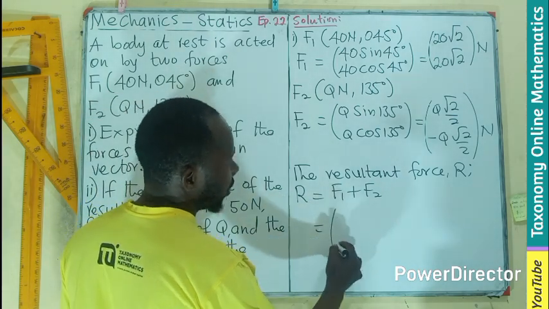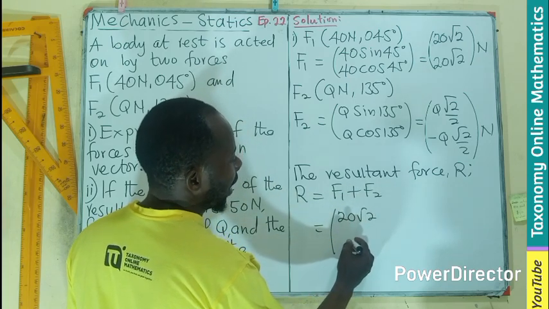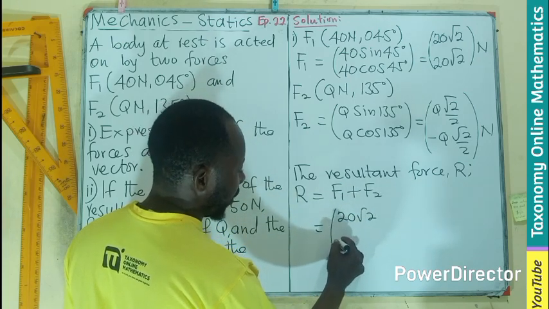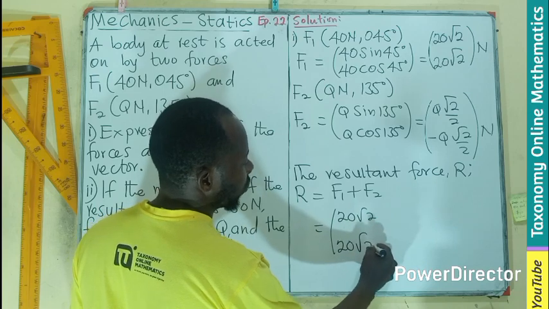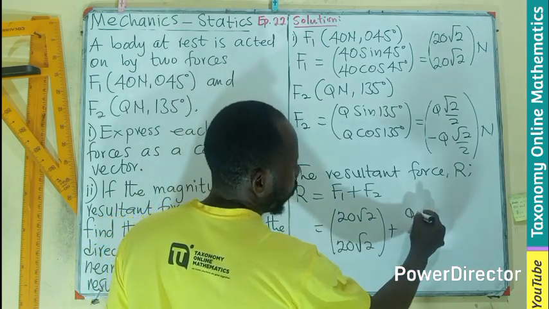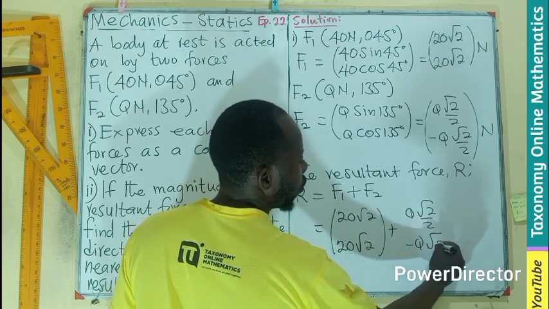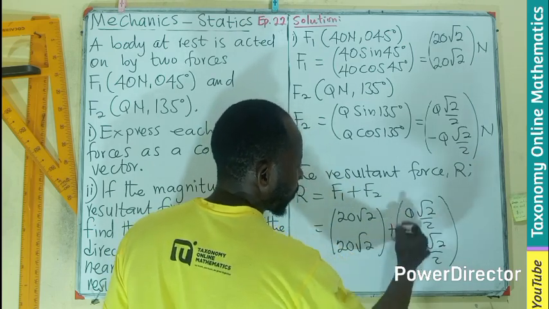The force 1 should give us 20 root 2 and 20 root 2 as well. This is added to Q root 2 on 2, negative Q root 2 on 2.